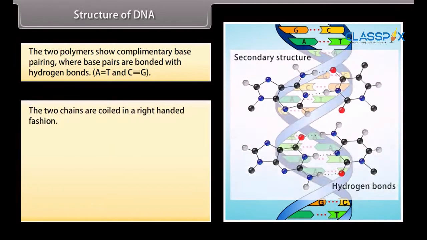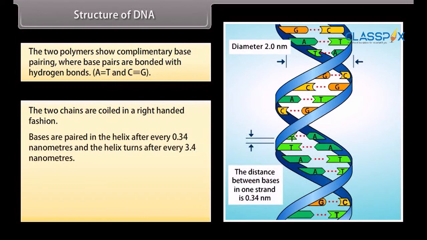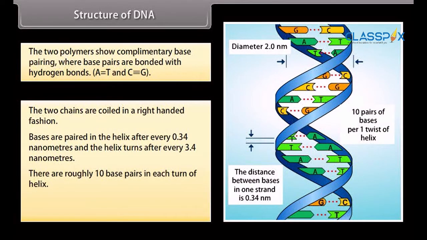The two chains are coiled in a right-handed fashion. Bases are paired in the helix after every 0.34 nanometers and the helix turns after every 3.4 nanometers. There are roughly 10 base pairs in each turn of helix. The plane of one base pair stacks over the other in double helix.